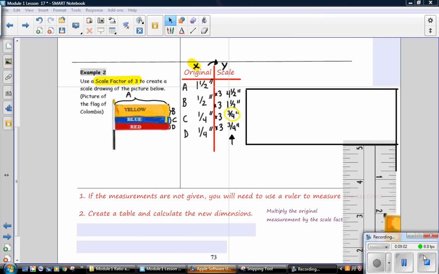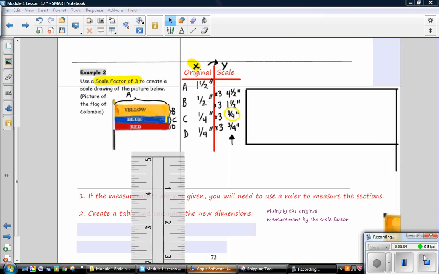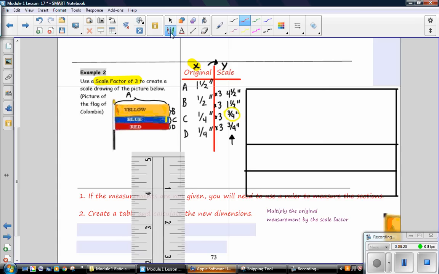And I'm going to pull the ruler out of the way here. And then this segment will be the same length there. And that concludes the blue section. And then the red section is the same also. So that's going to be another 3/4 of an inch here, 3/4 of an inch here, and then the bottom going across. So then we can fill in our sections.